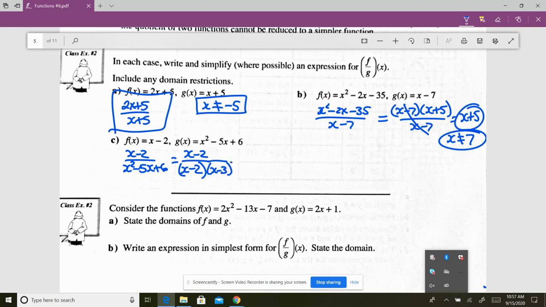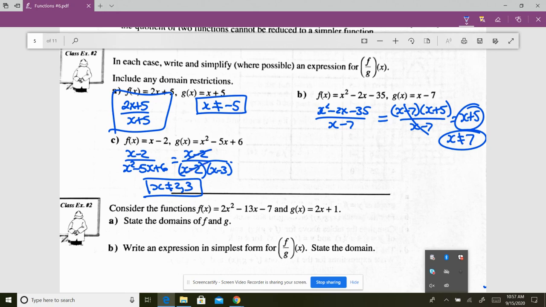So the denominator turns into x minus 2, x minus 3. Right away, how many restrictions do you have now? You have 2. X cannot be what? Positive 2 and positive 3. There's your restrictions. What cancels?